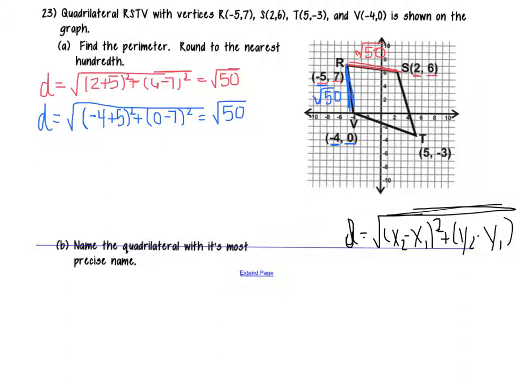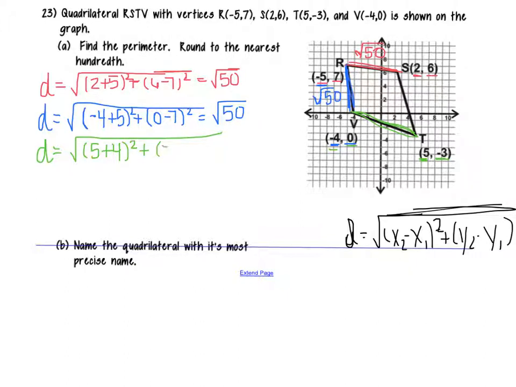All right, I'm going to change colors here. Let's go with green, and we're going to do this right here. So I'm going to find my green distance. And again, I'm opening up that big long radical, and I've got 5 minus negative 4, so 5 plus 4 squared plus negative 3 minus 0.